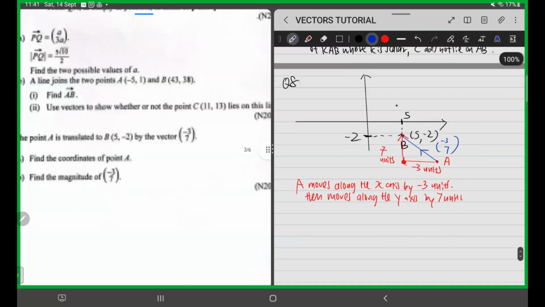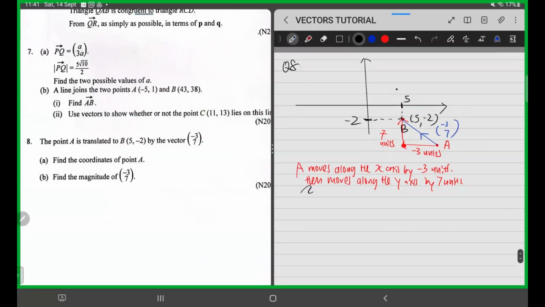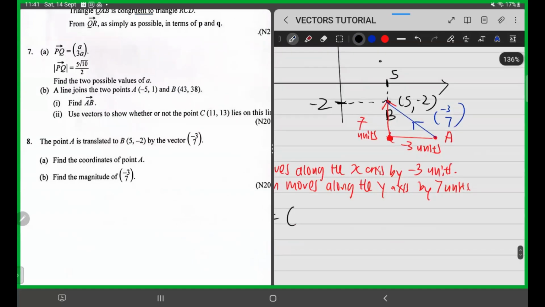So hence the original coordinates of A will be, for the x-coordinate over here, 5 plus 3, gives us 8.